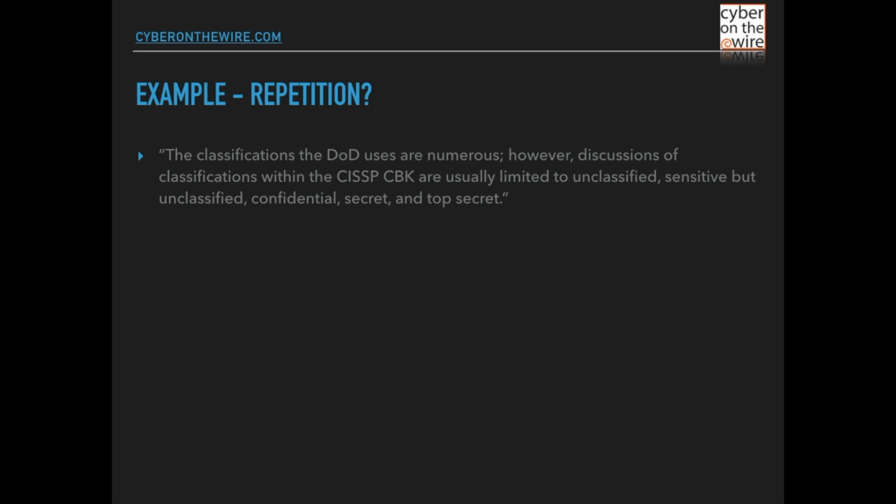Repetition. With this paragraph, the classifications the DoD uses are numerous. However, discussions of classifications within the CISSP CBK are usually limited to unclassified, sensitive but unclassified, confidential, secret, and top secret.